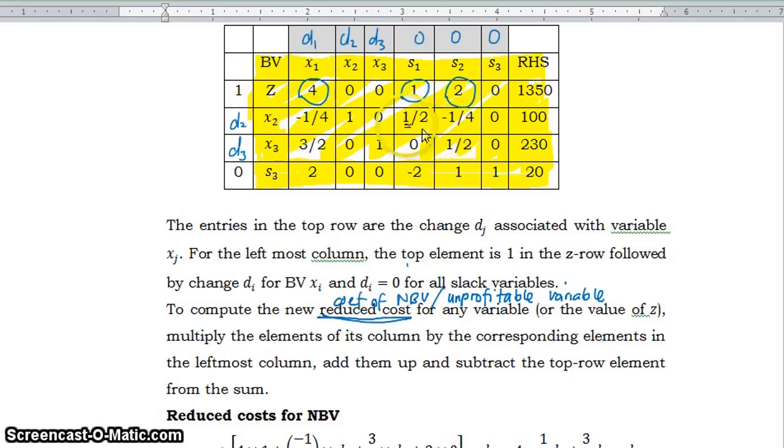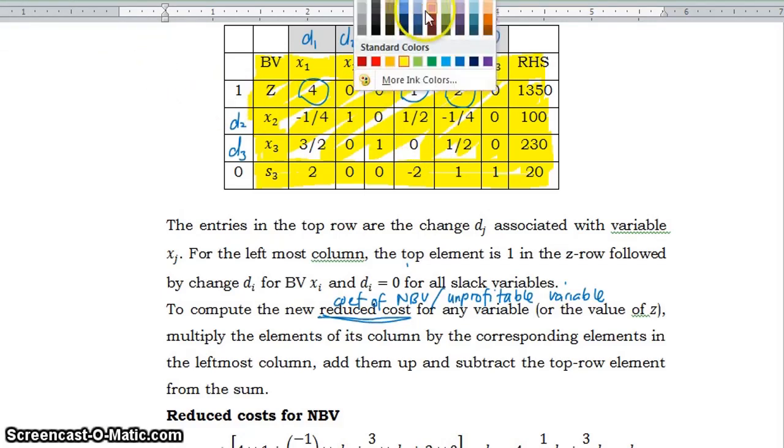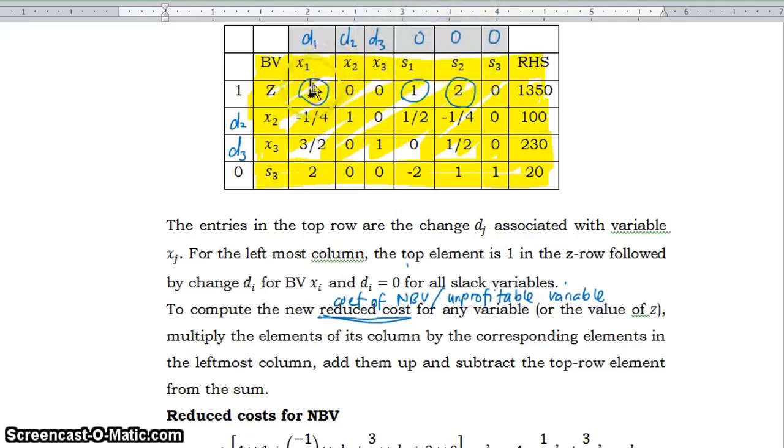The formula is: we multiply the element in this column by the element in the leftmost column, and then we add all the products. Then we subtract the variable on the top row. Okay, the same goes for s1 and s2.